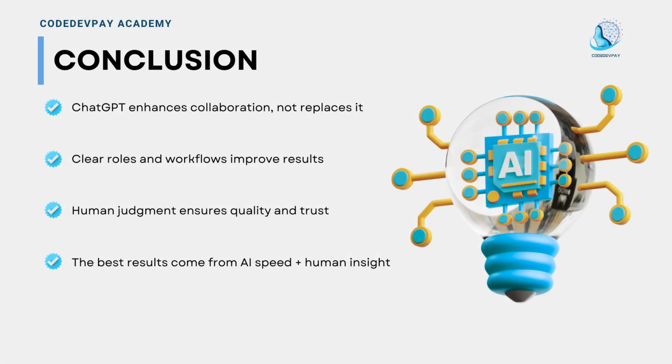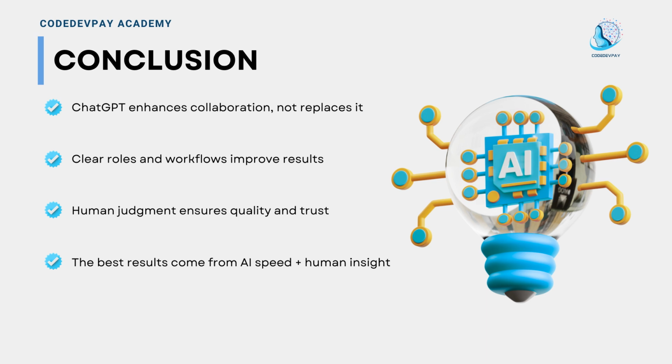So to conclude, ChatGPT enhances collaboration but does not replace the need for human collaboration. Clear roles and workflows improve results. Human judgment ensures quality and trust, and the best results come from AI speed and human insights.